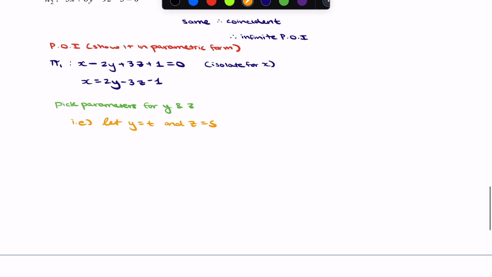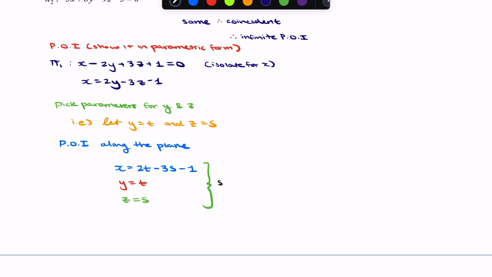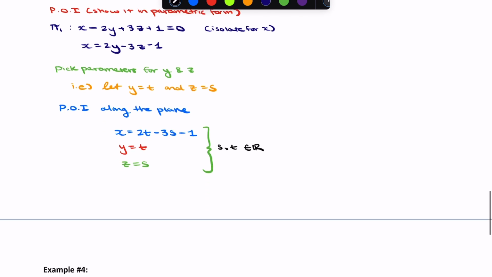And so here, the points of intersection along the plane written in this parametric equation would be x is equal to 2t minus 3s minus 1, y is equal to t, and z is equal to s, where s and t are elements of the real numbers.